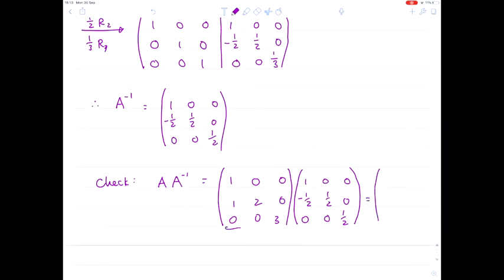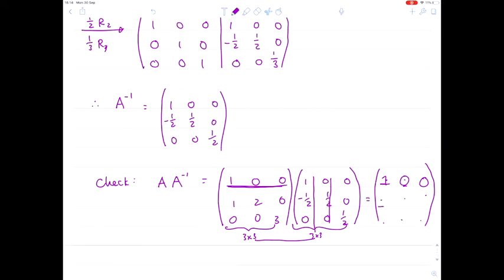Well, we've got a 3 by 3 times a 3 by 3, so we can do the multiplication because our inner dimensions are the same, and we're going to get a 3 by 3, so things are looking possible. Let's work it out. The first entry is first row times first column, so that's going to give us a 1 times 1, plus 0 times 0. That looks good. Our second entry will be first row times our second column, and that's going to give us all zeros. Similarly, we'll have all zeros here.